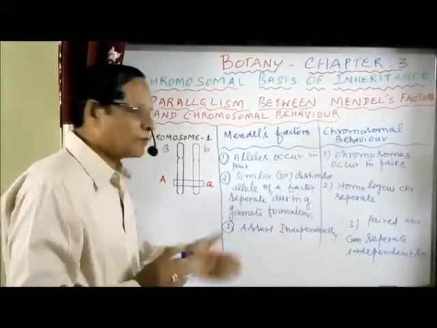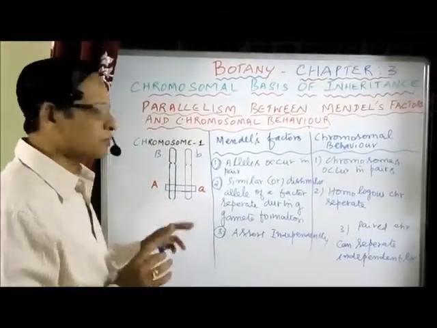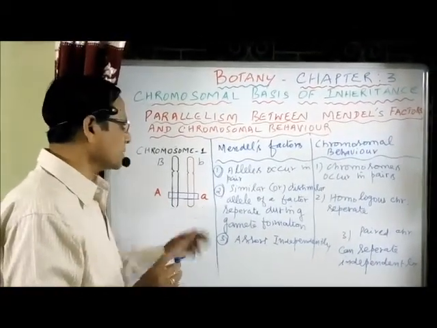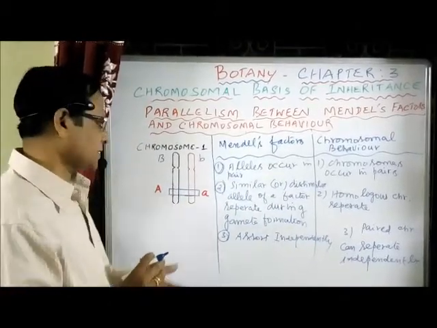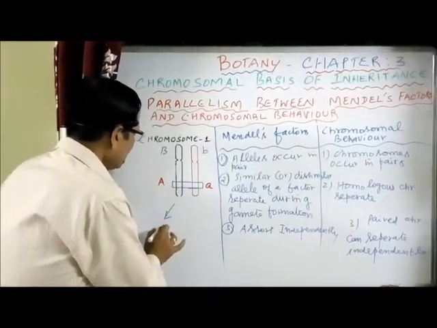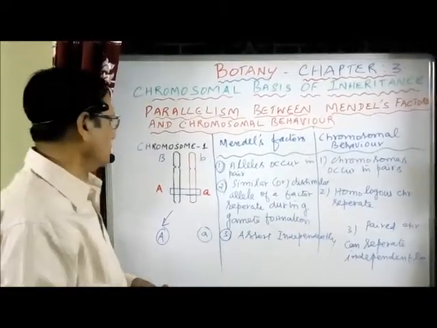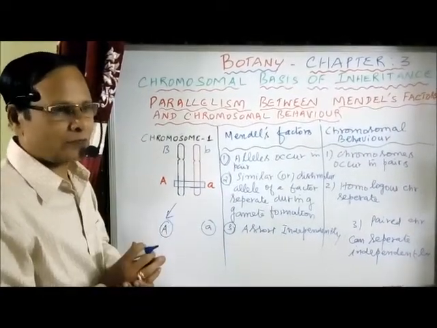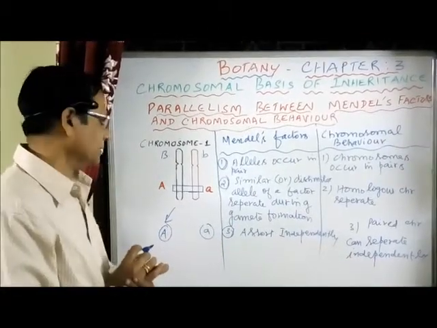During gamete formation, either similar or dissimilar alleles, for example capital A and capital A, or capital A and small a, of a factor separate during gamete formation, so that each gamete receives only one of the two alleles of a factor.